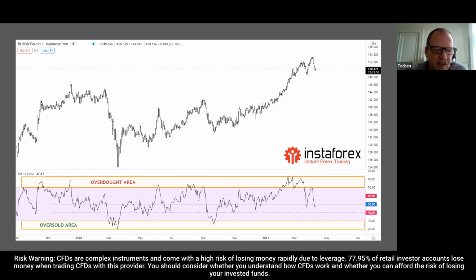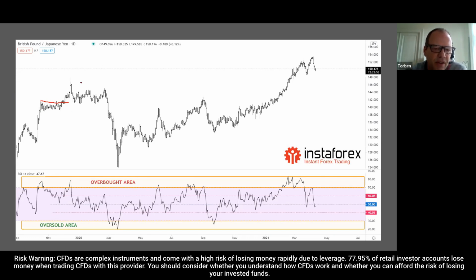Of course, we can then use what we learned in some of the other sessions. We have some resistance, we have some support. We had a resistance area here around this. So if you sold here, you would buy again when you break out of this at this point, and then you have a new top here.